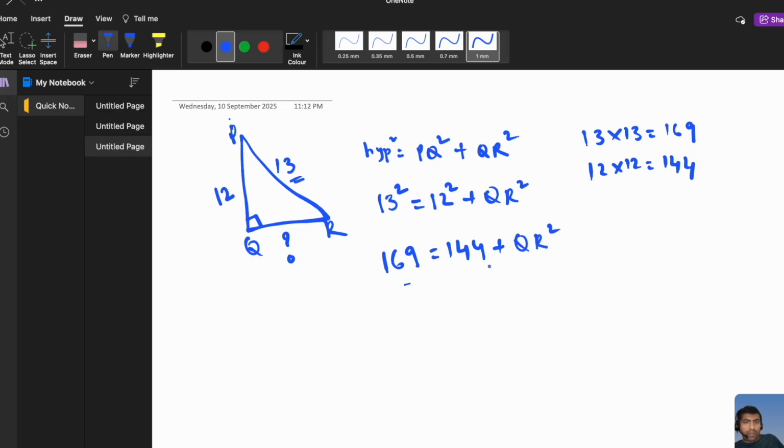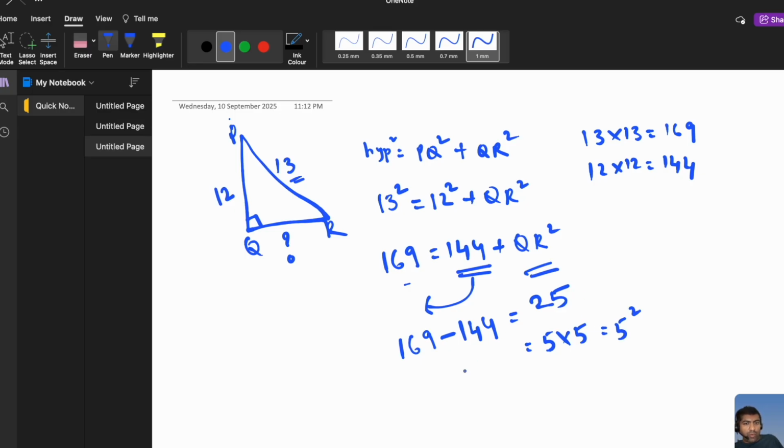If you bring this 144 to the other side, it will become 169 minus 144, that is nothing but 25. 25 you can write as 5 into 5, that is 5 square.